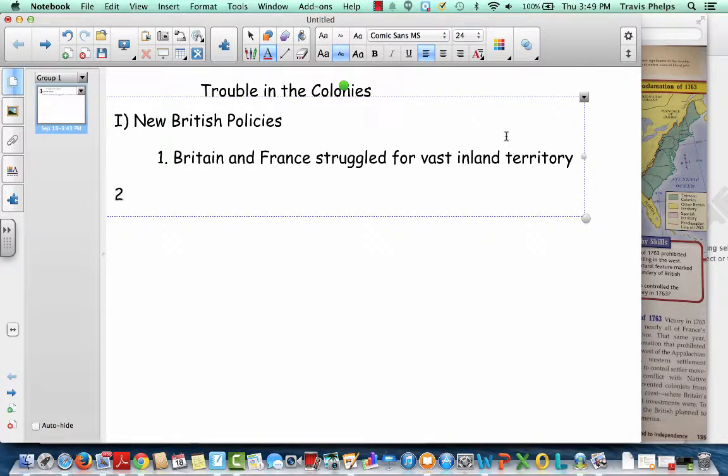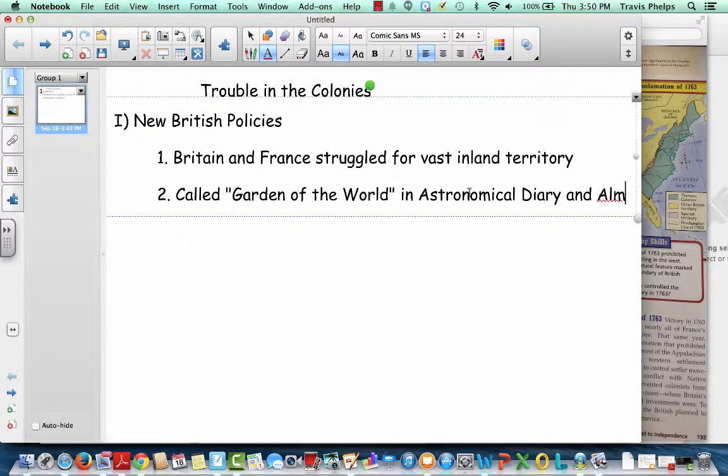And you can see that there's a quote. The quoted section, we can say, is that it is called Garden of the World, from, and I'd italicize it, but I can't italicize it here, In Astronomical Diary and Almanac.